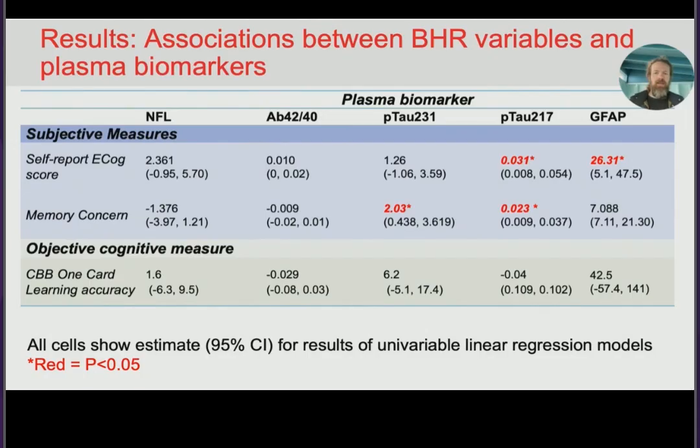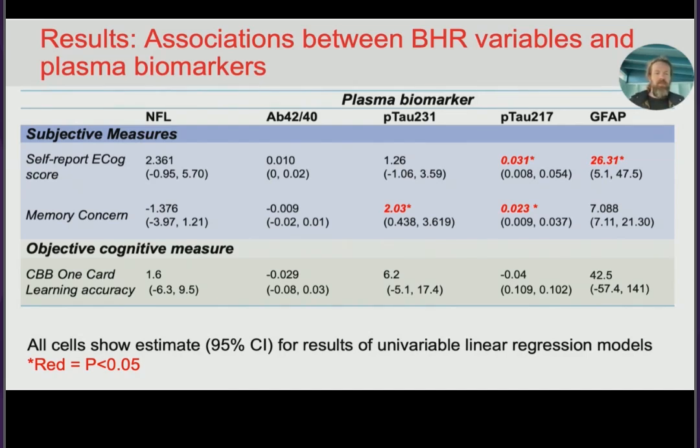All right, so what did we find? Let's start with the self-report ECOG, where higher scores are worse, indicating a report of more subjective decline in cognition. So what we found was a report of more decline is associated with elevated p-tau and GFAP.